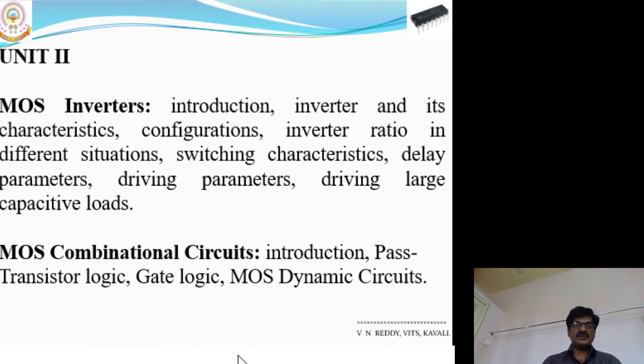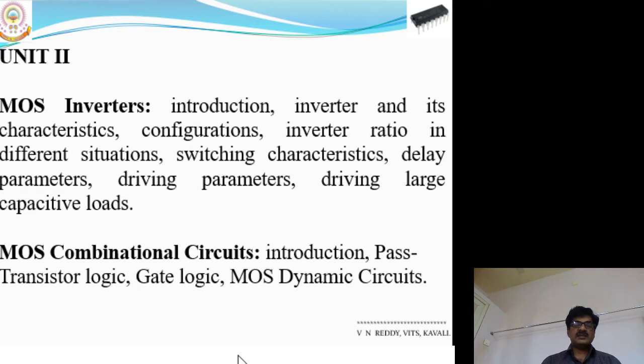Whereas in the second part, different technologies like pass transistor logic, gate logic, and MOS dynamic circuits to realize different gates. This part of the syllabus you studied in the VLSI subject also, but once again we can see a little bit extra compared to the VLSI design subject.